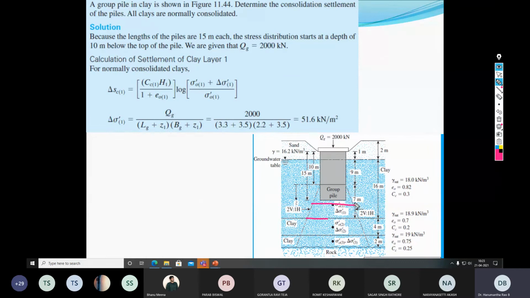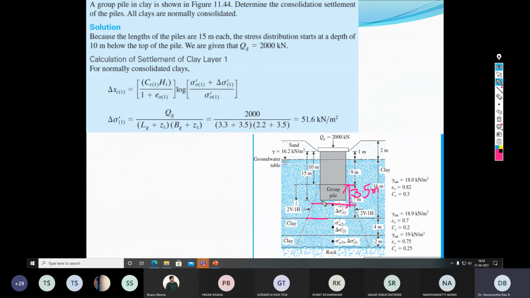The total thickness of layer 1 is 7 meter, so 7 divided by 2, that is 3.5 meter.